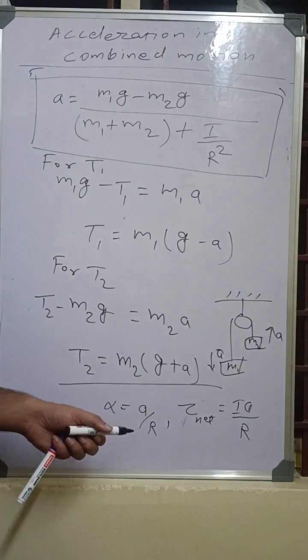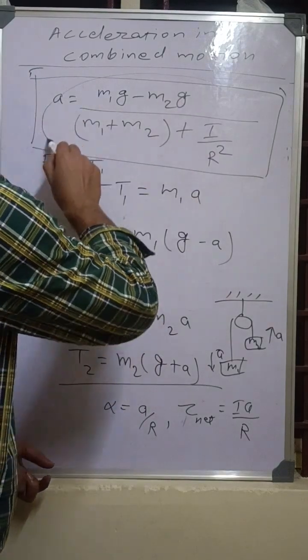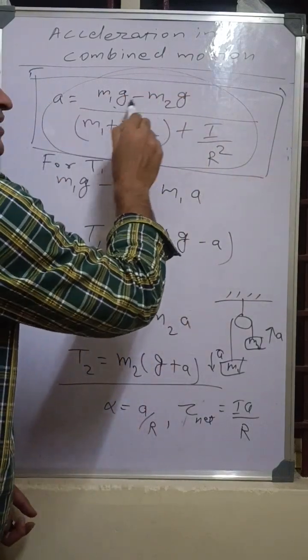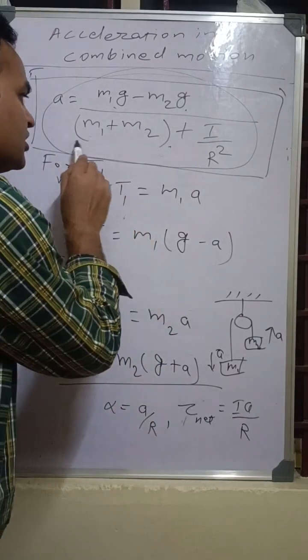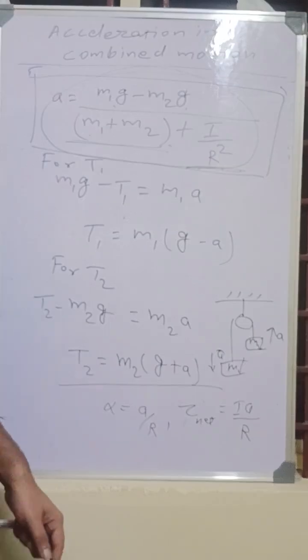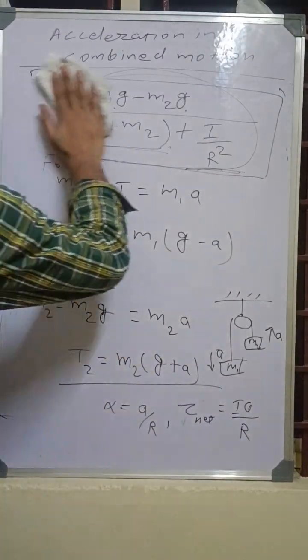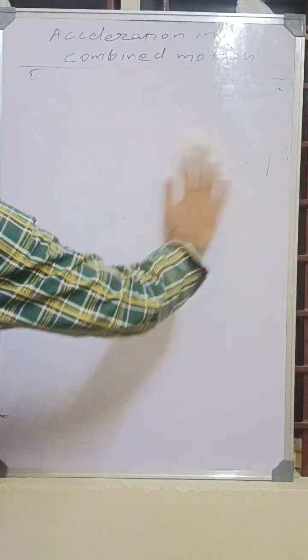So we have found the result. Now use this concept: remember, net unbalanced force divided by total inertia, total translational inertia plus total rotational inertia. Use this concept to find the acceleration in this situation also.